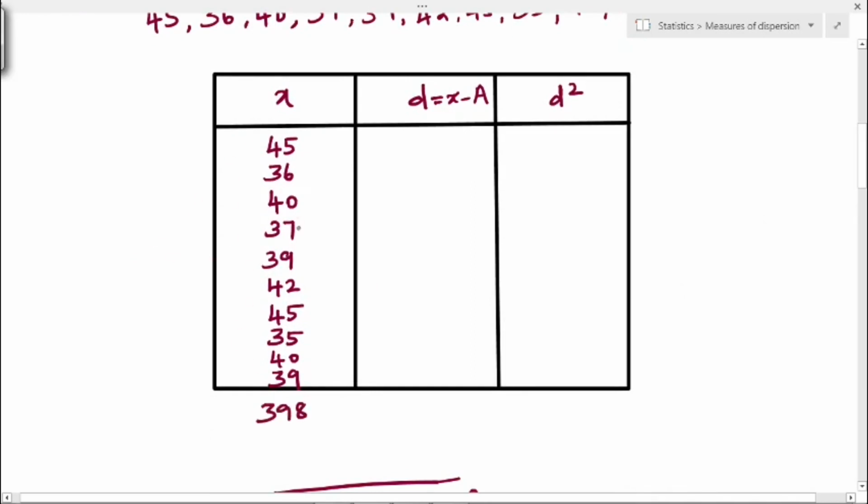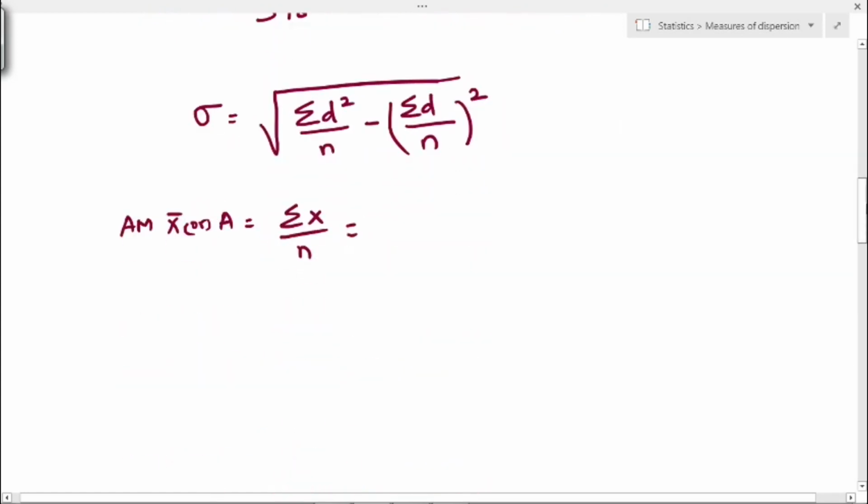How many numbers do we have? 10 values. So we divide by 10. 398 divided by 10 is 39.8. So this is the value of A. It is approximately 40, right? So I am going to assume the A value as 40.